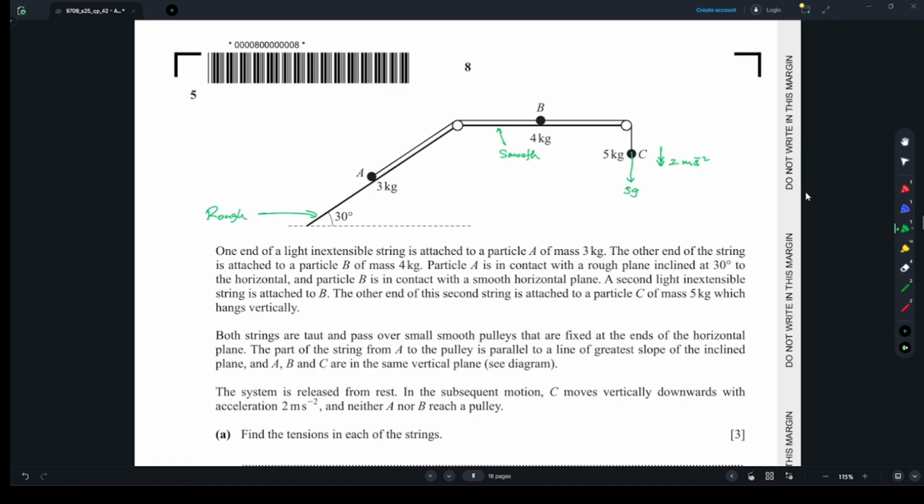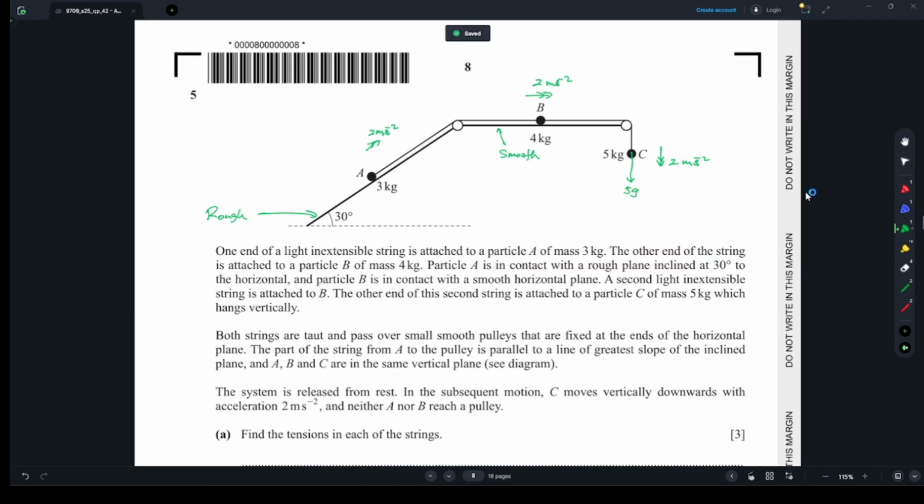Since all these particles are connected and the strings are taut, all the particles have the same acceleration. So this one also moves with this acceleration of 2 meters per second squared, and particle A is also moving with the same acceleration.